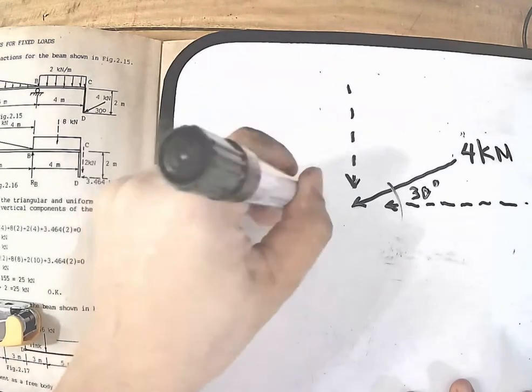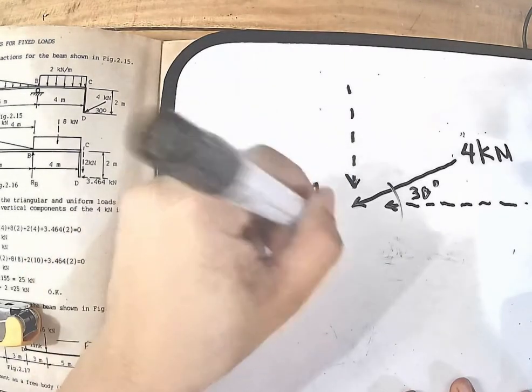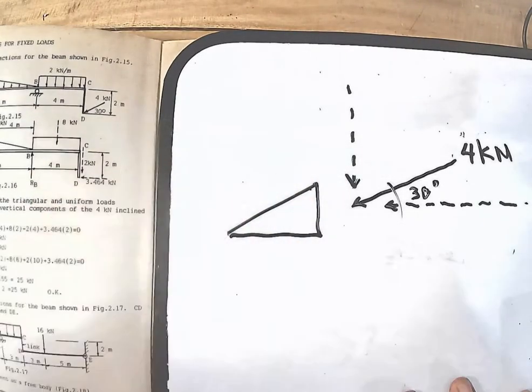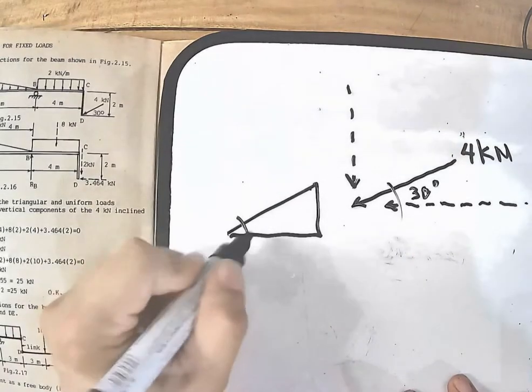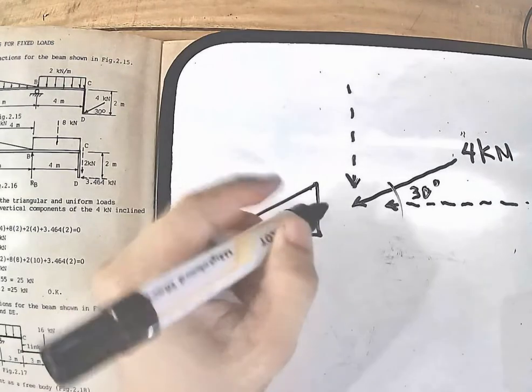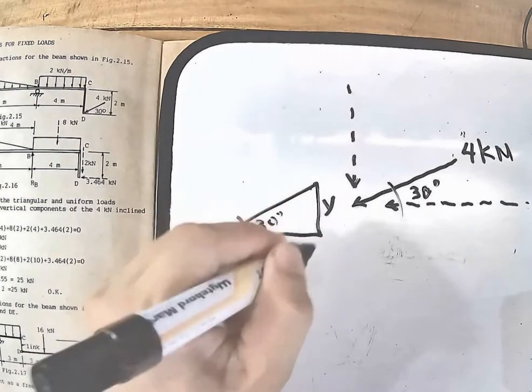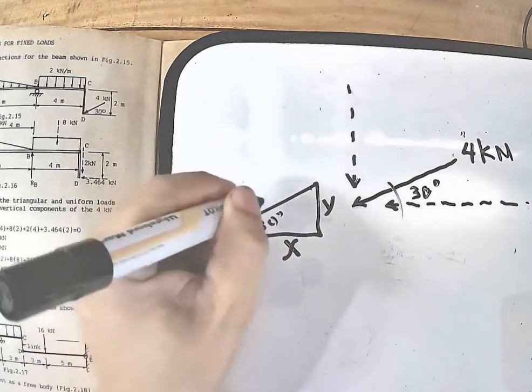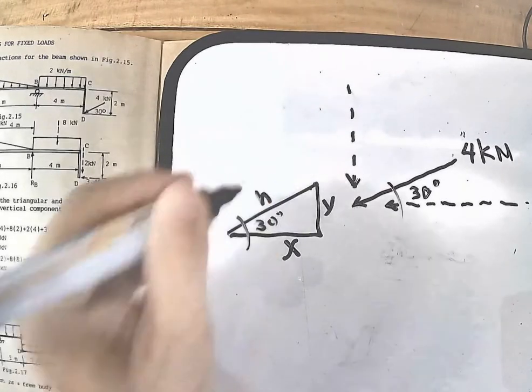So remember na meron tayong triangle na 30 degrees. Tapos, and then let's say this is y, this is x, and this is your hypotenuse.